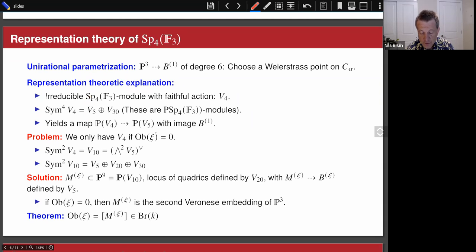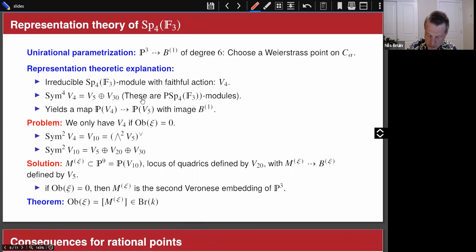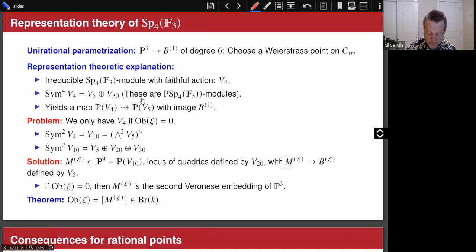So that gives you a map from P3 to P4, and you can check that the image of that is in fact exactly the Burkhardt. So you can find this unirational parametrization right in the representation theory of SP4F3.